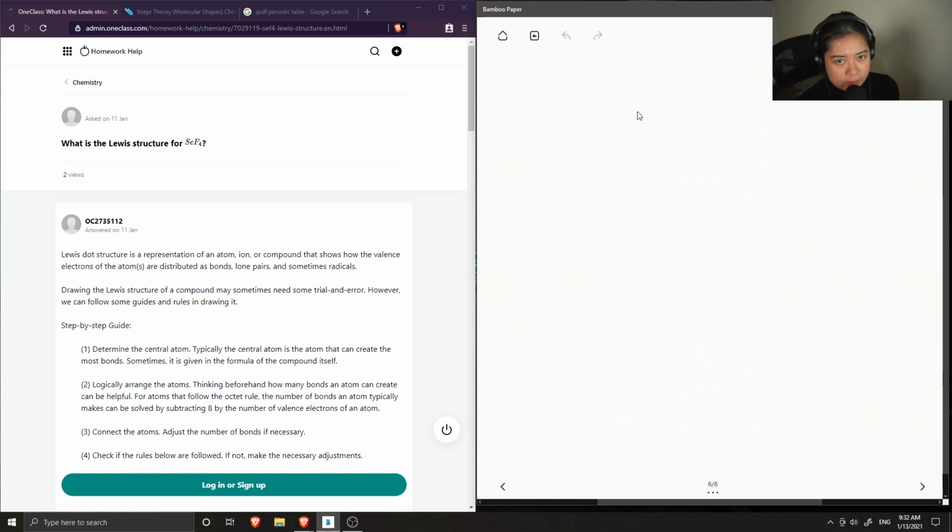Okay, so question number 6. What is the Lewis structure for selenium tetrafluoride? So first, let's just find out the total number of valence electrons for this molecule.